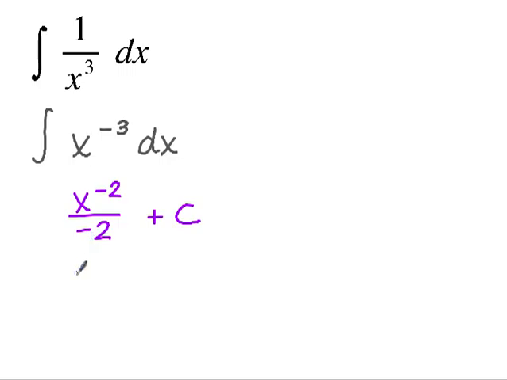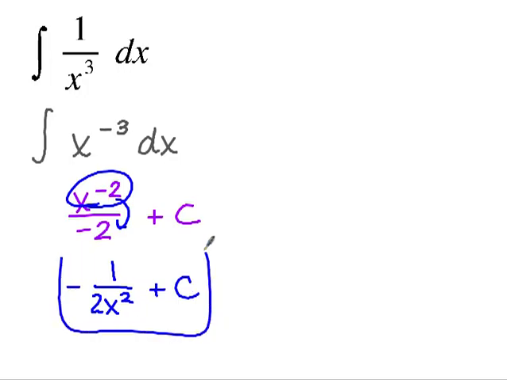So first of all, I've got a negative sign from the -2. Fraction. If I want to move that x to the -2 and make it positive, I got to move it down. Yep, 1 over 2x squared plus c. No, it's plus c. It's always a plus c.